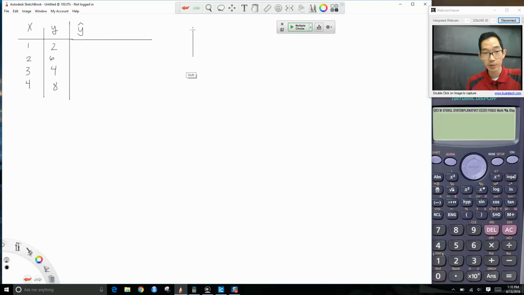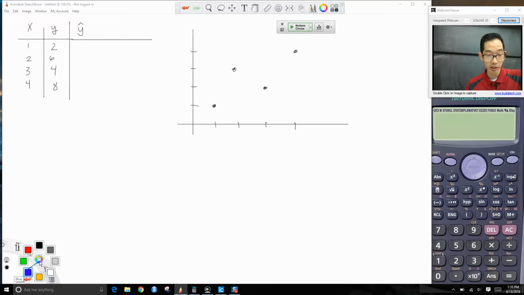Okay, and then so for this line, my line of fit will go something like this or something, okay?